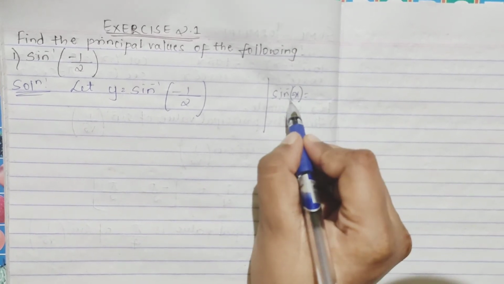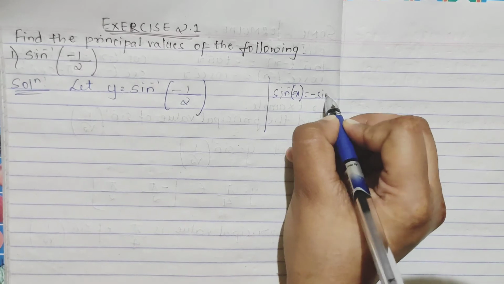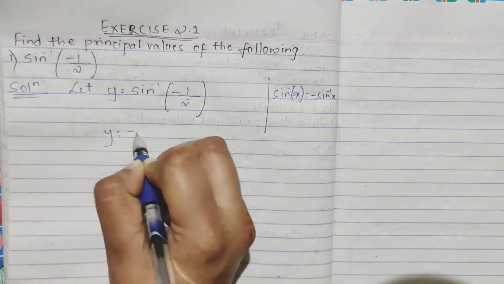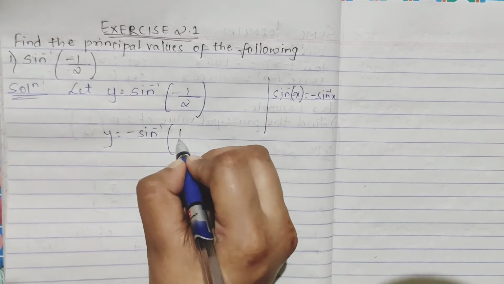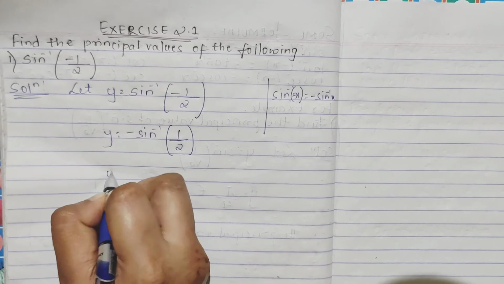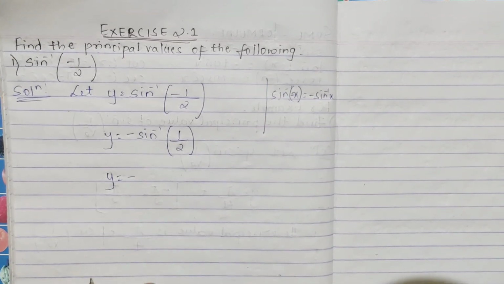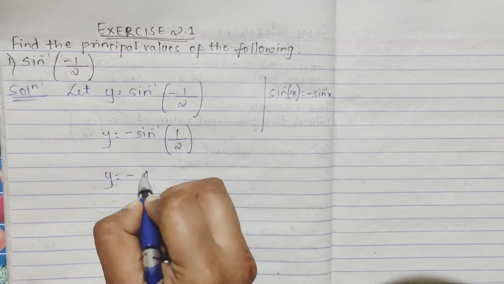If it is sine, it has an odd-function property, so this becomes minus sine inverse x, right. So here y is equal to minus sine inverse of x, which is 1 by 2. So minus sine inverse of 1 by 2, sine inverse of 1 by 2 is what, where does it lie? It lies at pi by 6.